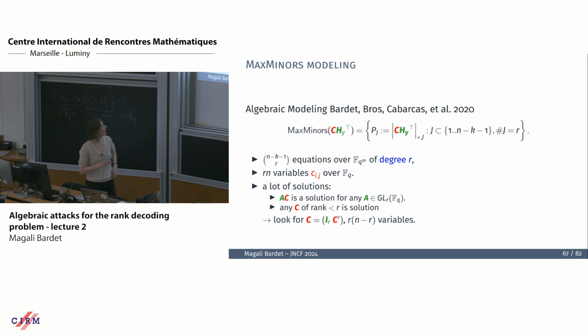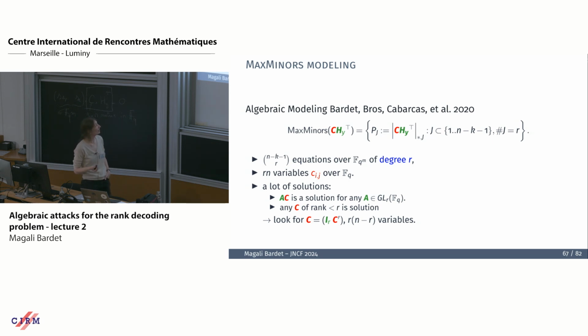You have a lot of variables, all the entries of C, and you also have a lot of solutions to this problem, because for any solution, if you multiply by an invertible matrix, then it is still a solution. So you have as many solutions as the number of invertible matrices, which is very large, and you clearly don't want a modeling with so many solutions.